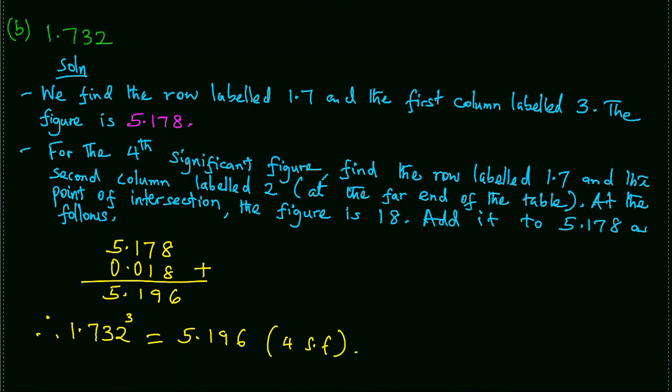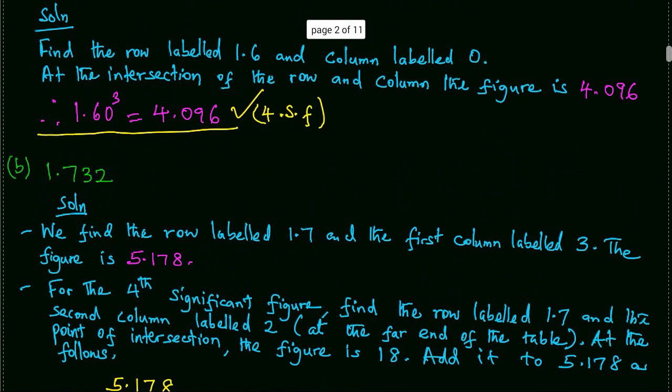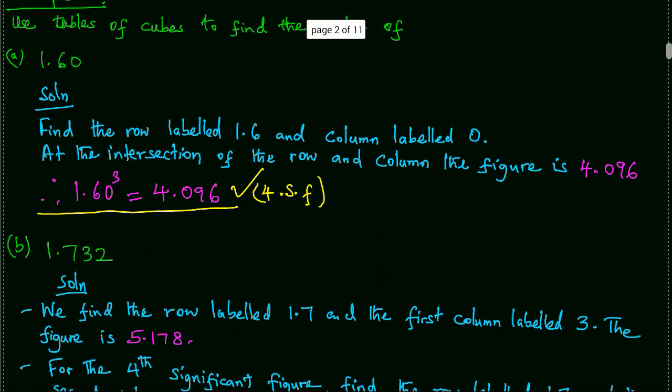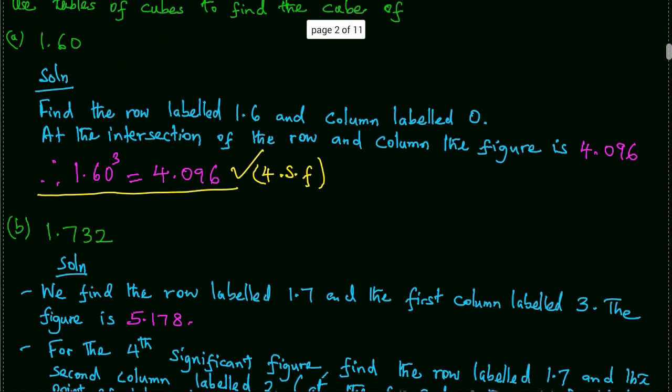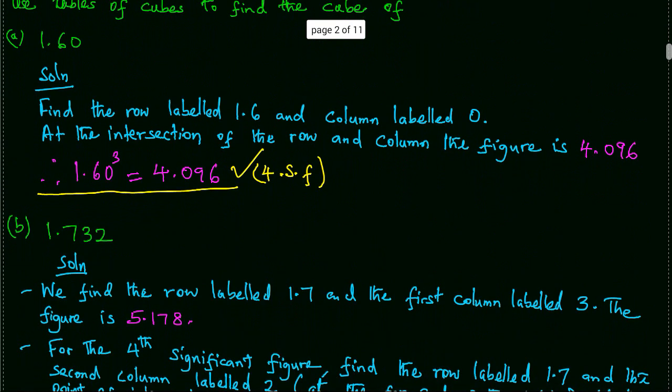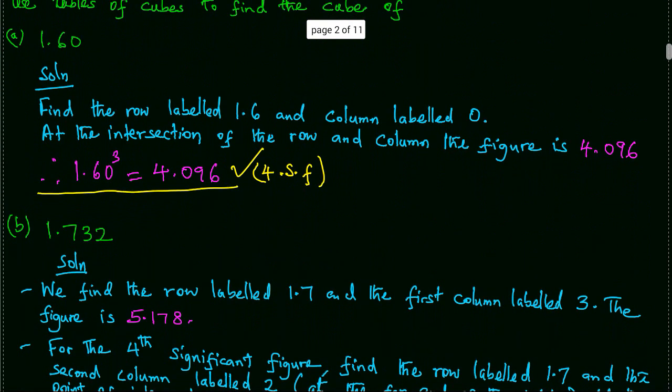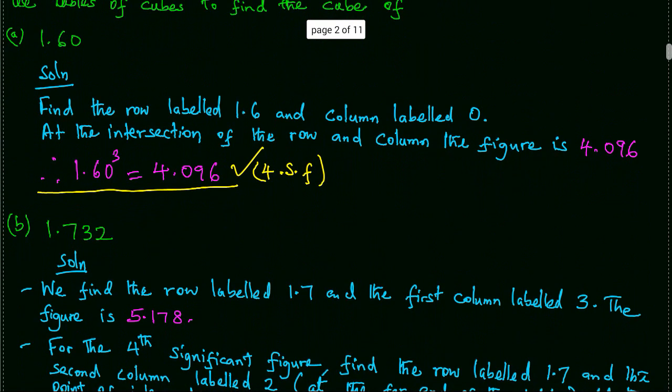In our next question, we are looking for the cube of 1.732. From the tables, we look at the row labeled 1.7 and the first column labeled 3.